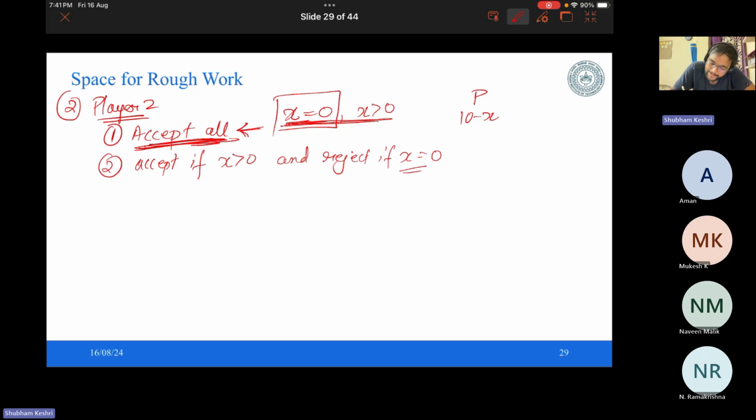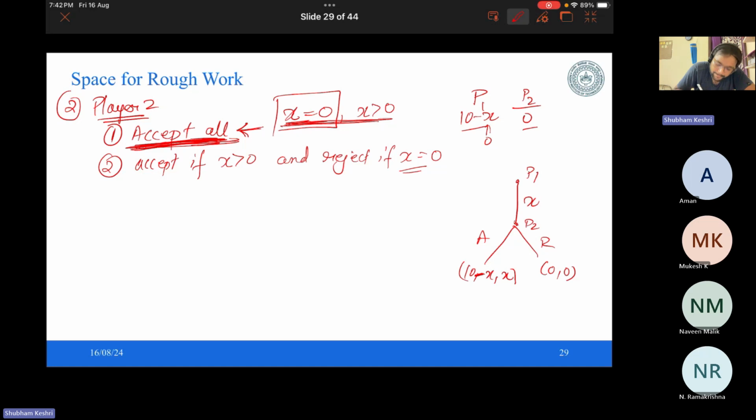It is 10 minus x, and utility of player 2 will be 0 when x is 0. So it is 10 and 0. I will just draw the game to make it clear. This is player 1 and this is player 2. He has accept and reject. In this case, the utility is 10 minus x comma x, and in that case, it is 0 comma 0.